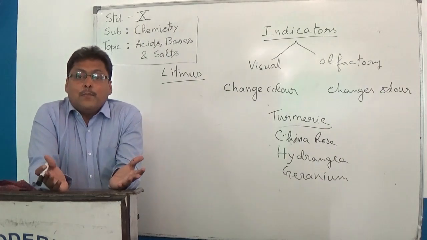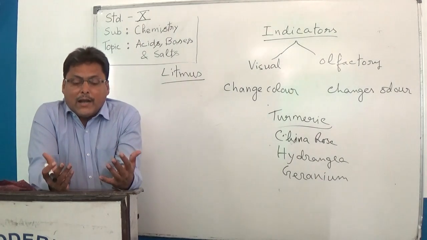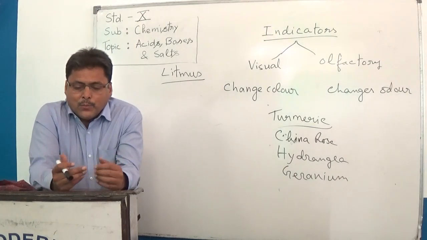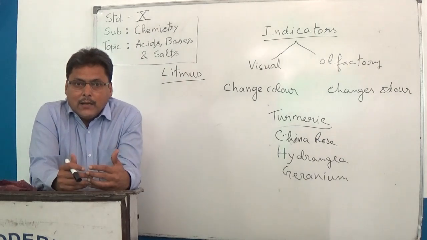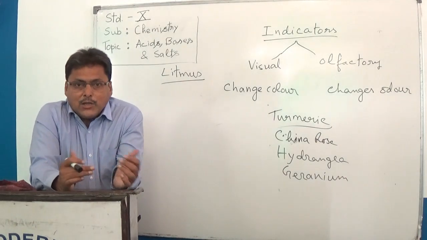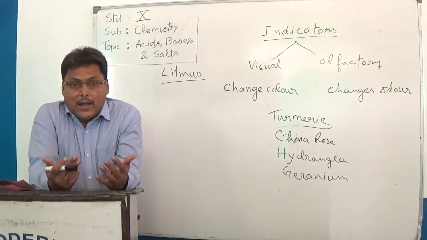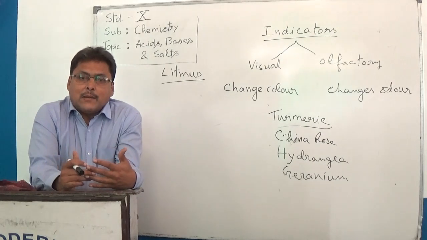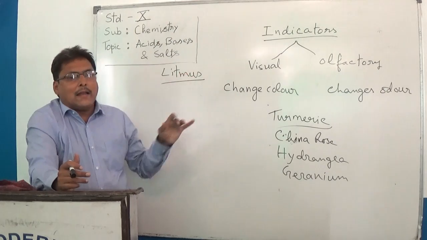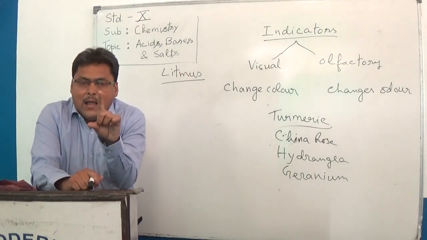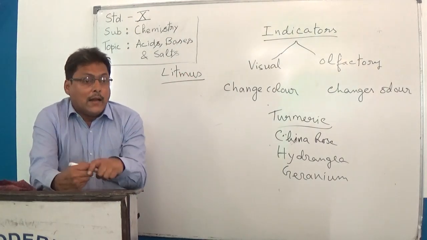Litmus is a symbiotic organism. You know symbiotic organism. When two organisms live together to help each other survive, we call that relation symbiotic. And here this litmus is the extract taken from an organism called lichen.